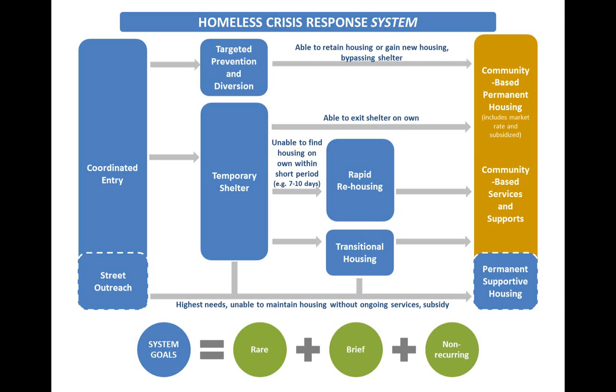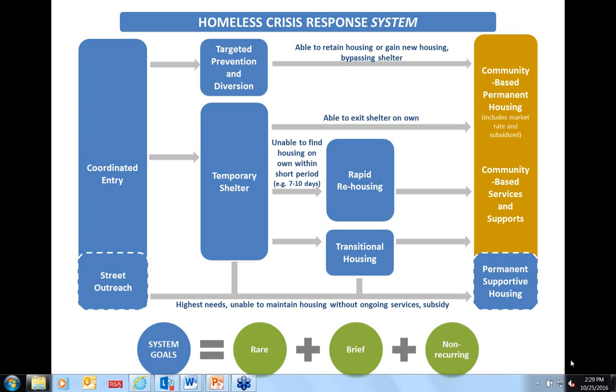And for those persons, we want homelessness to be brief. And for people who leave the crisis response system, they're able to get those safety net services that they need to resolve their housing crisis. We want to ensure that homelessness for them is not recurring, that they don't come back to the homeless system again after recidivating. Let's talk further about some of these goals.